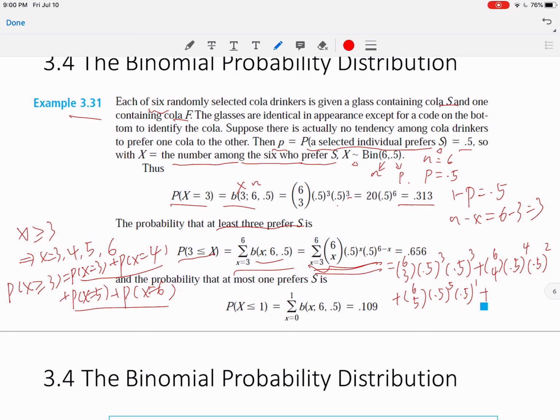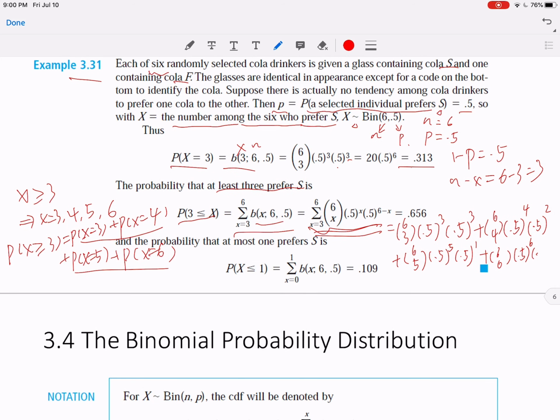And then plus 6 choose 6, 0.5 to the power of 6, and then 0.5 to the power of 0. And then you type the whole thing in your calculator, and you get the answer 0.656. And of course, I'm going to show you how to find the probability of an interval from the calculator. Okay, I'm going to make a video about that later.